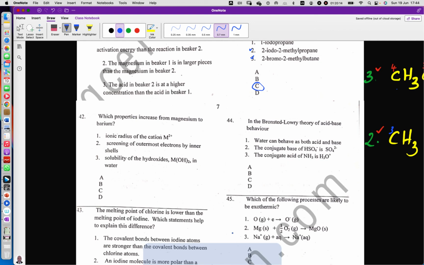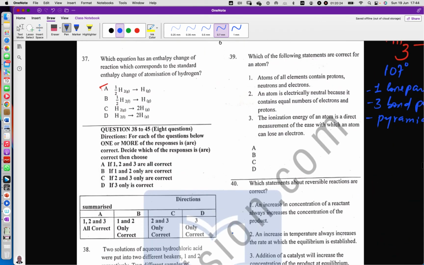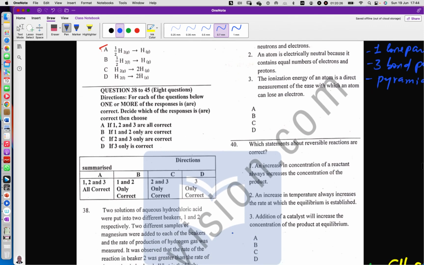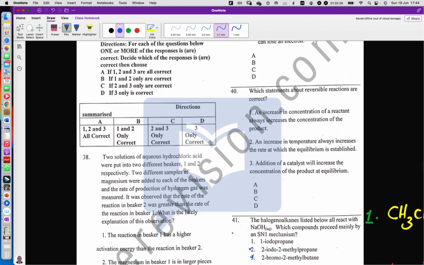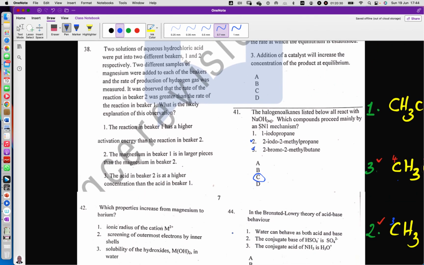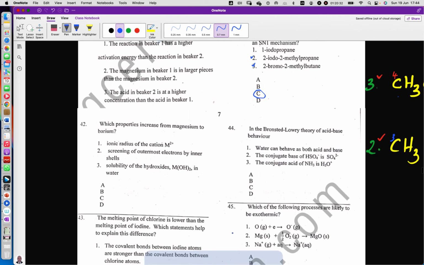All the properties increase as you go down the group. 1, 2, and 3 is A. So A is our right answer here.